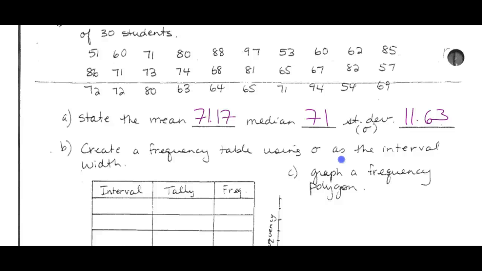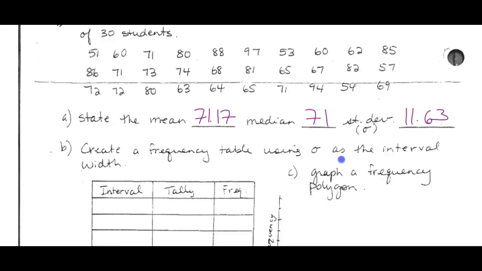Create a frequency table using sigma as the interval width. Okay, so I'm not going to use 11.63 as the width, so I will use, let's say, 10, right? So we'll be close to the standard deviation, but not exact. Okay, so to do a frequency table, we're going to have intervals. What's the lowest mark in here?